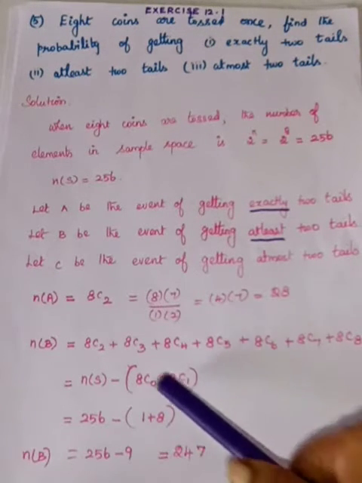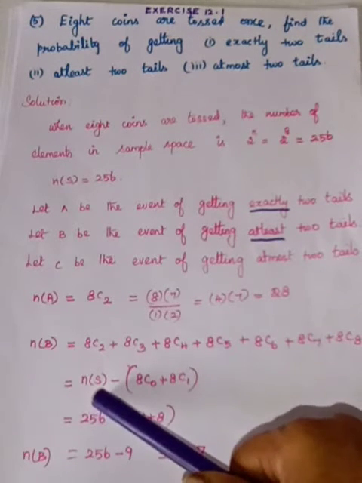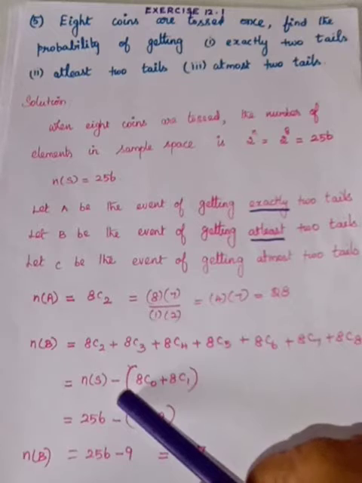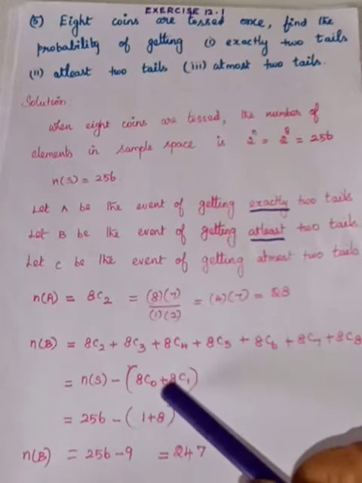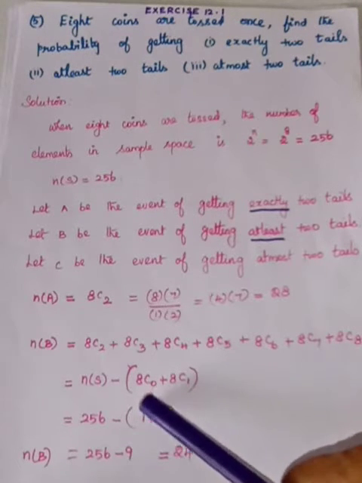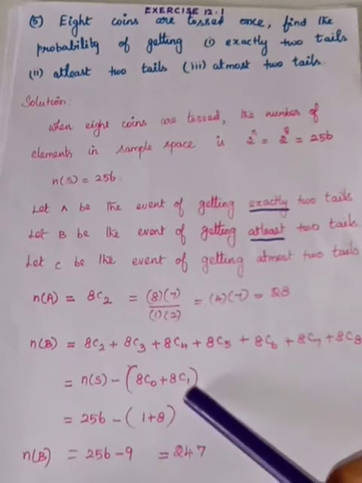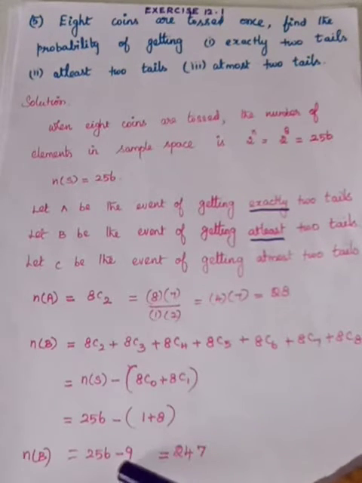So therefore, instead of finding each one, we can write it another way: n of s minus what is missed. What is missed here? It is 8C0 plus 8C1. It is easy to calculate. 8C0 is 1 and 8C1 is 8. So 256 minus 9 is equal to 247.